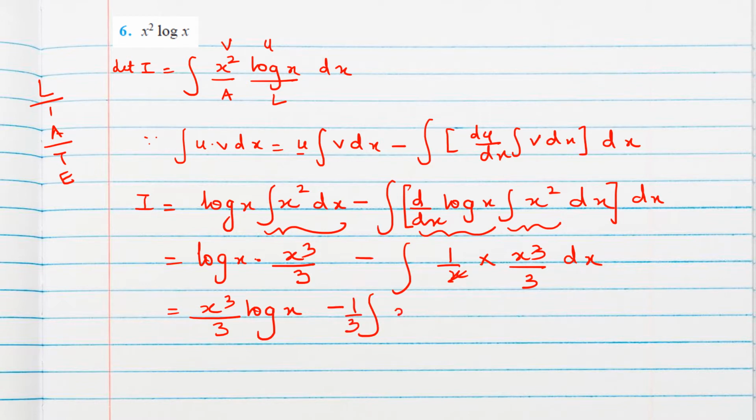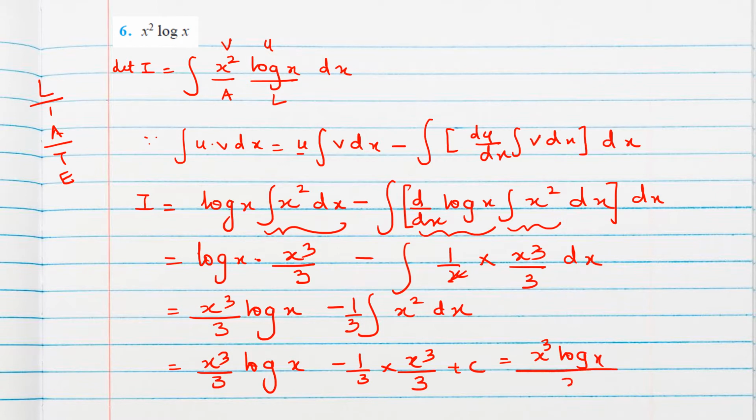Okay, and then x square dx. So again for this integral we can use the power rule. That is x cube by 3 plus c. That is x cube log x divided by 3 minus x cube by 9 plus c.